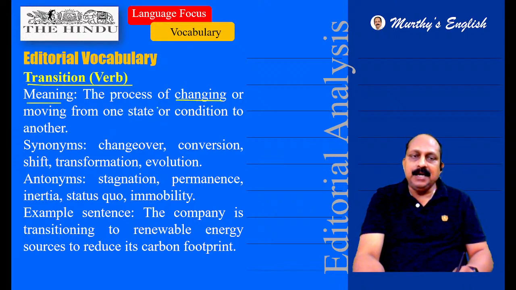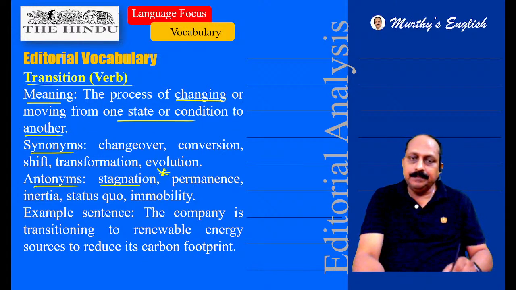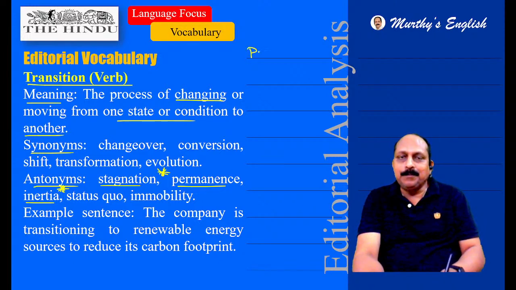Transition, a simple word we have got many a time, change. The process of changing or moving from one state or condition to another. Synonyms are changeover, conversion, shift, transformation, evolution. Antonyms: stagnation, important word, means no change, no improvement. Permanence, inertia, an important word, though it goes with physics. There's one important expression you have to know: political inertia.